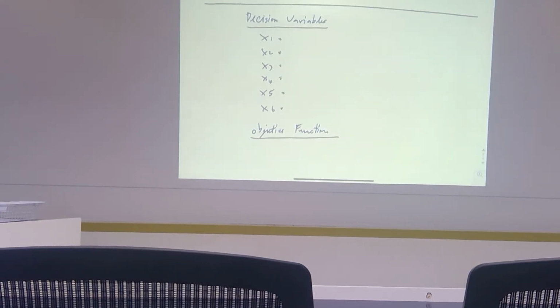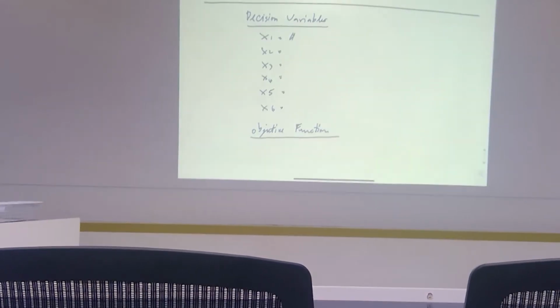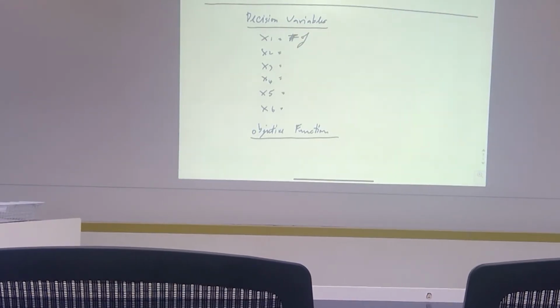So x1 is about the number of persons surveyed who are less than or equal to 30 and live in a state bordering Mexico.